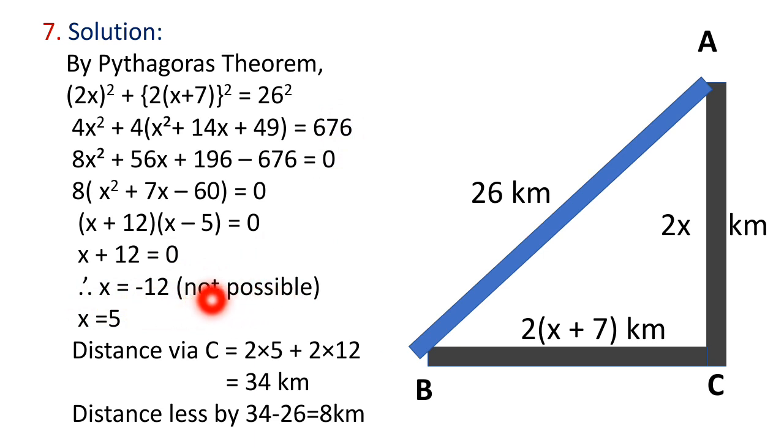This is not possible because the value of x should not be negative. So we are not taking this minus sign, we are taking only this plus 5. Here x minus 5 is equal to 0, so we can take x equal to 5.